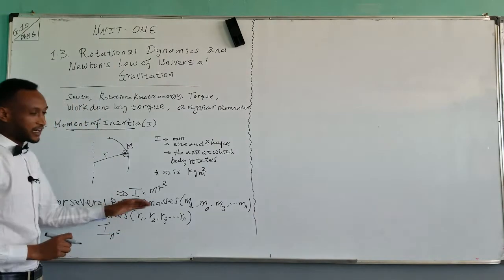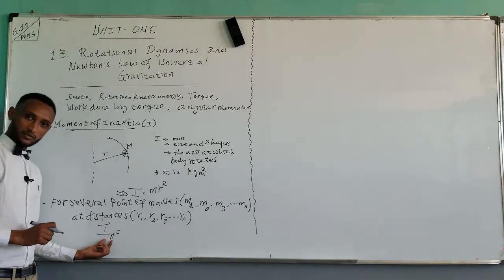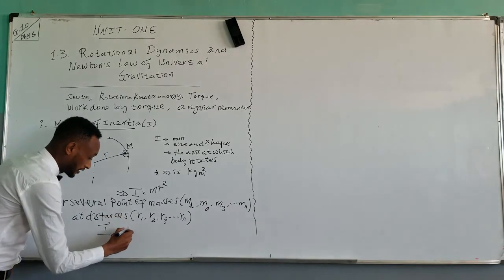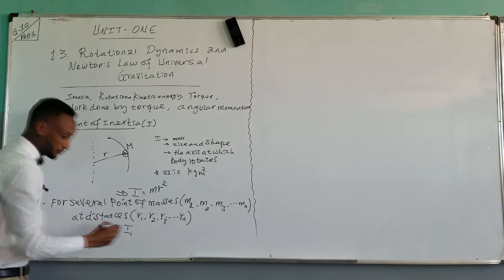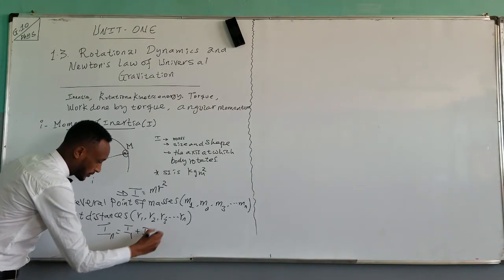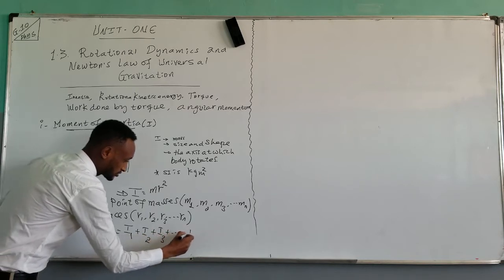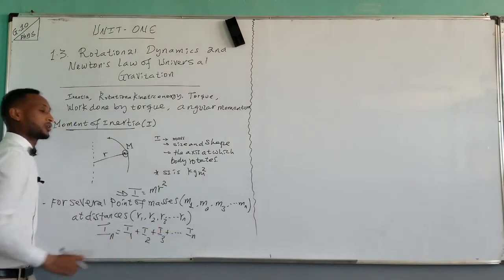The total or net moment of inertia equals the moment of inertia of mass 1 plus the moment of inertia of mass 2 plus the moment of inertia of mass 3, up to the moment of inertia of the nth mass.